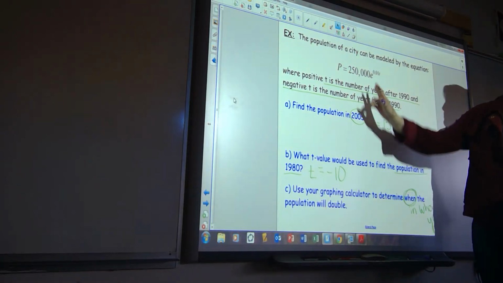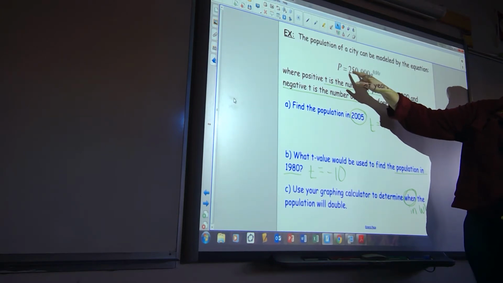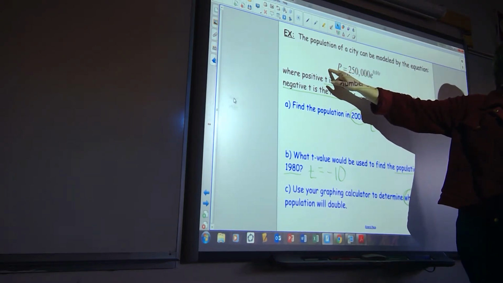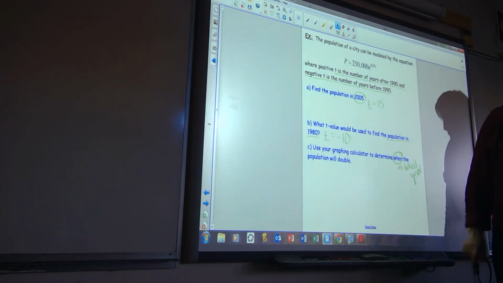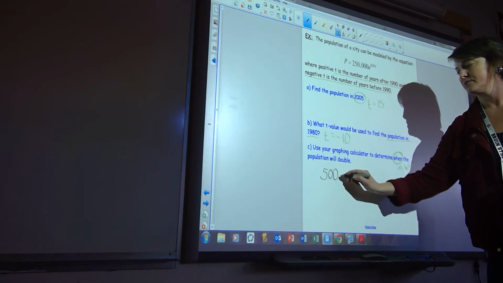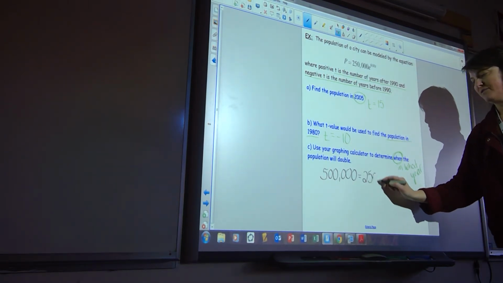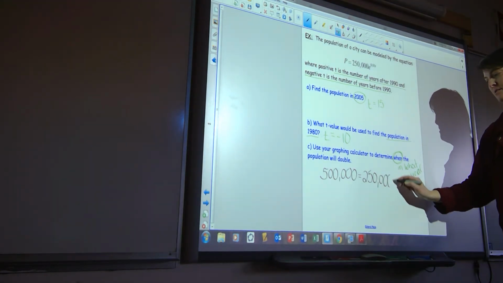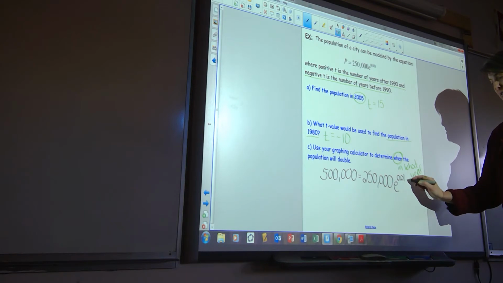Right now, the population is 250,000. So what will be the population when it doubles? 500,000? Okay, so if we were going to set up this equation, it would look like this: 500,000 equals 250,000 e to the 0.01t.